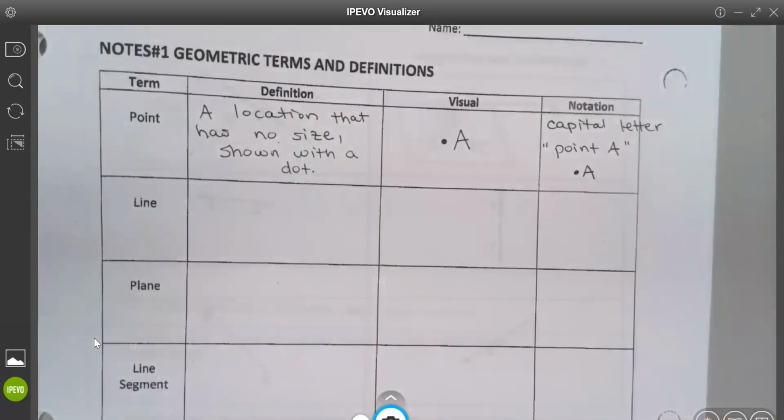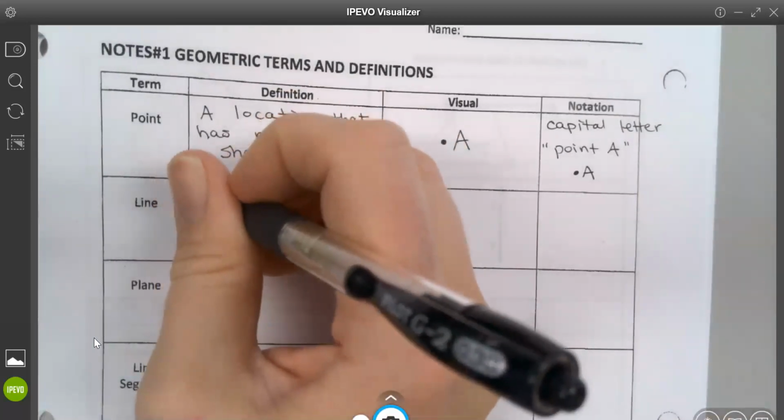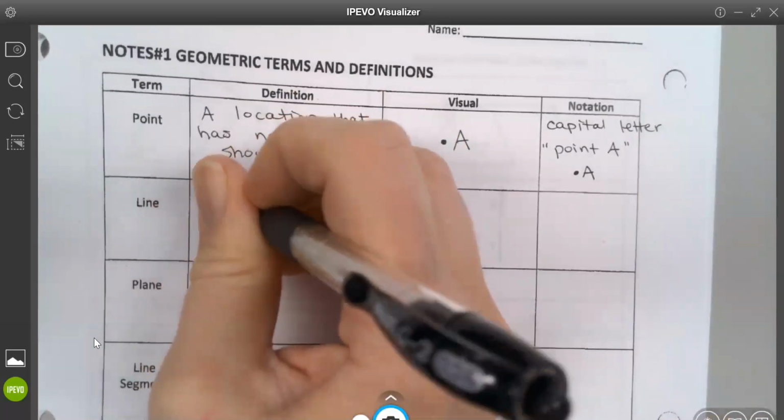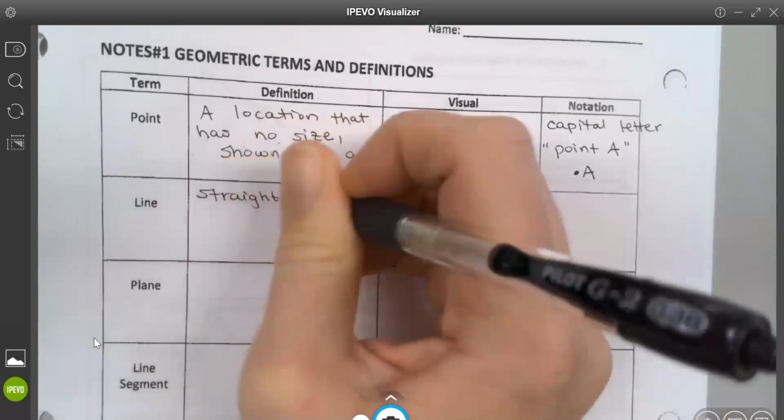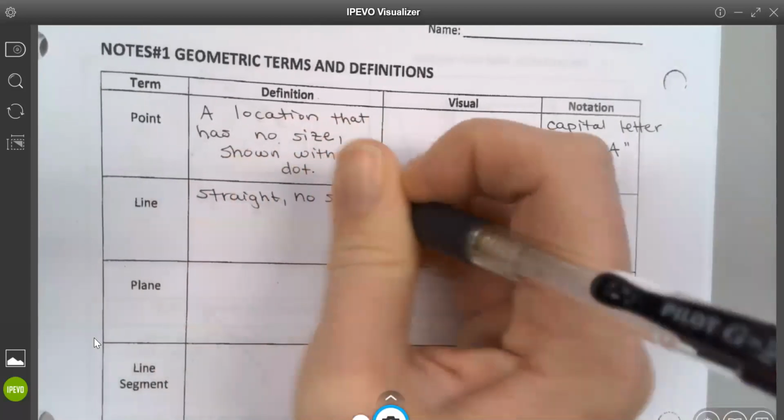Similar, something we don't really talk about in algebra also is that when we draw a line, just because my pen is a certain thickness doesn't mean that that line is actually that thickness. Okay, so a line is straight. That's important. It has no curves. And no set thickness.